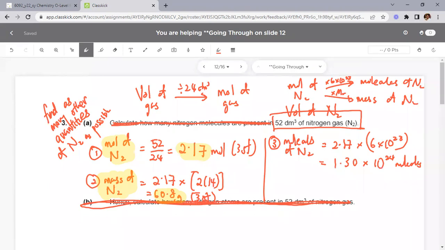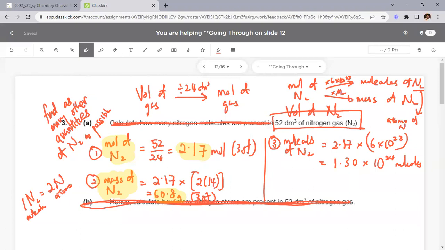Actually, got one more. From the molecules of N2, I can find the atoms of N, because N2 converts to N. You need to know that if I've got one N2, this means that I've got 2 nitrogen atoms. So one N2 molecule means that I've got 2 nitrogen atoms.